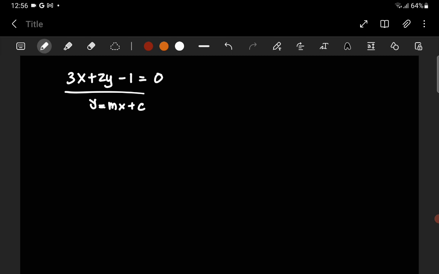Now, if we look at the question, we just make the 2y stay. And then for the others, we move them to the right. So we start with the element with the x, or 3x. If you move it to the right, 3x becomes negative 3x, right?